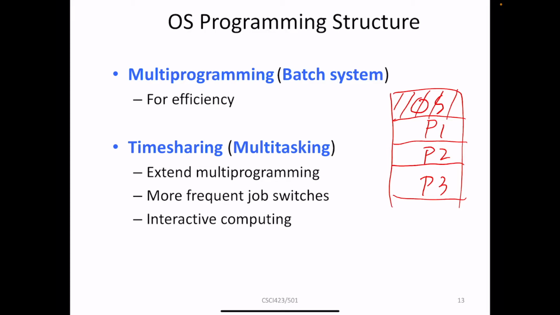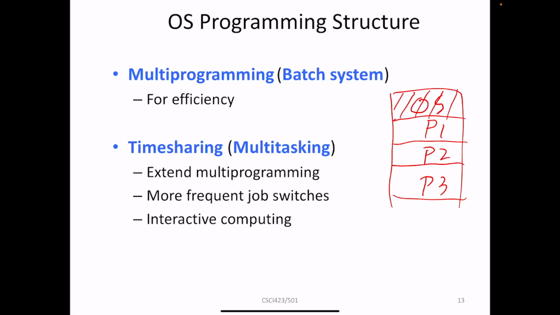Time sharing actually is not perfect. Due to very frequent job switches to trade off interactivity, it has to sacrifice some performance, because when we switch the job, we have overhead, right? We need to move the data between the CPU and main memory. During this time, the CPU cannot do anything useful for the user. Although the period of time is very short, the accumulated overhead actually cannot be ignored.